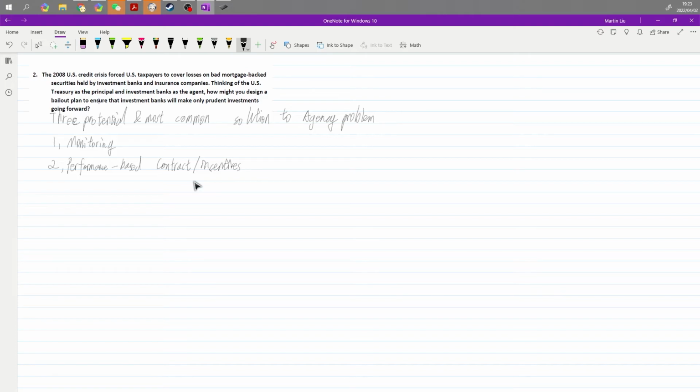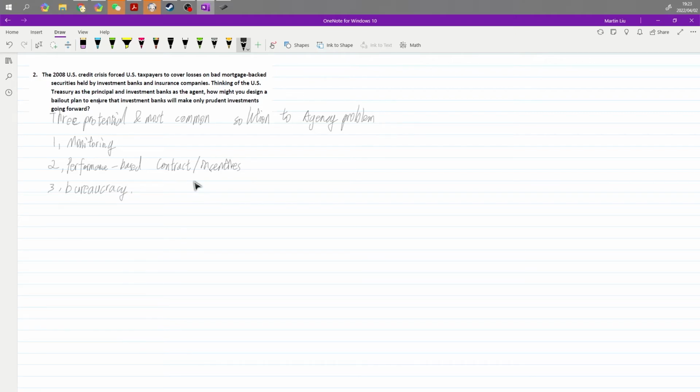The performance-based incentive or contract is what we have been working with in the last few weeks, and that is basically a base wage plus some kind of extra bonus. And the third one is bureaucracy. Bureaucracy is similar to regulation, similar to making policy, and just providing guidelines for how people need to perform.